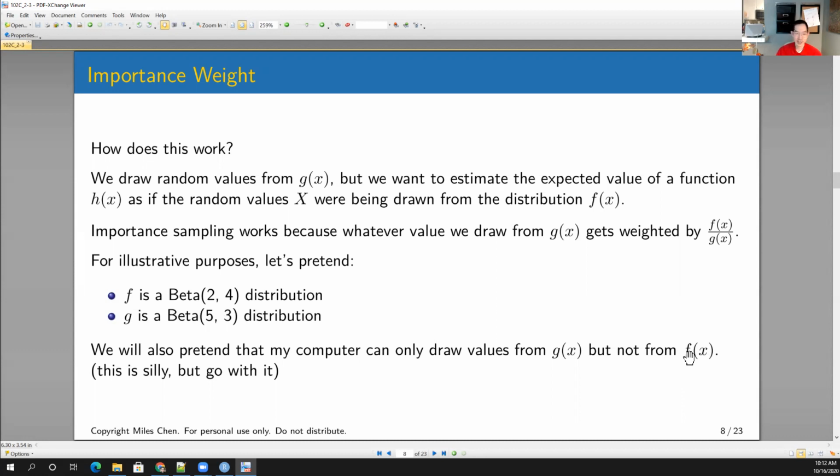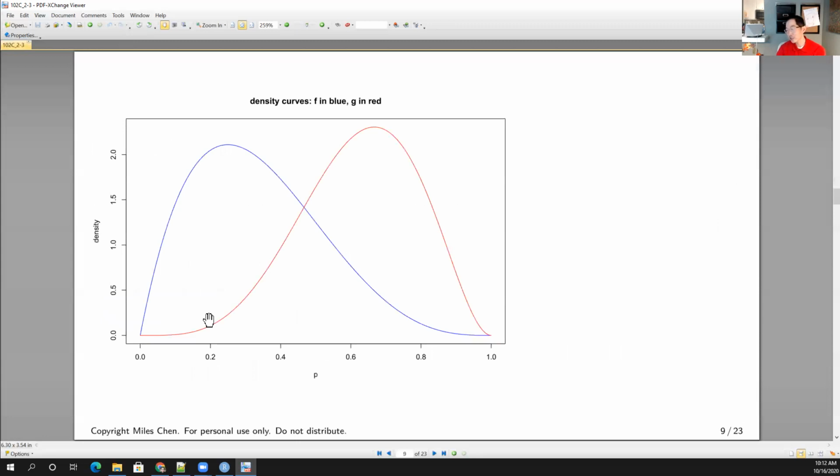It's a bit of a silly, contrived situation, but we're going to try to estimate a function as if the values came from f, even though the values are actually coming from g. And just to give you a comparison, f is in blue and g is in red.